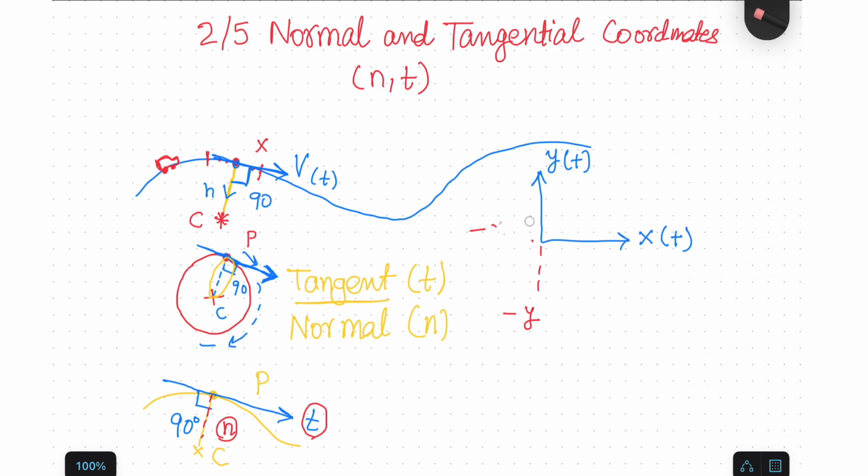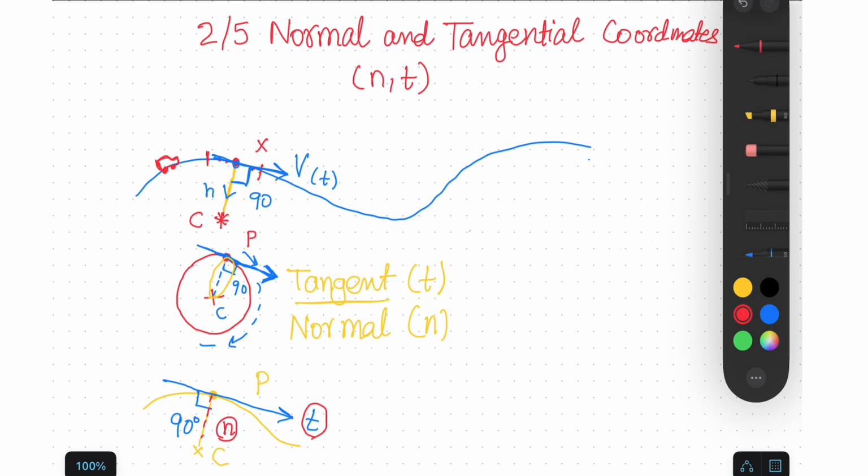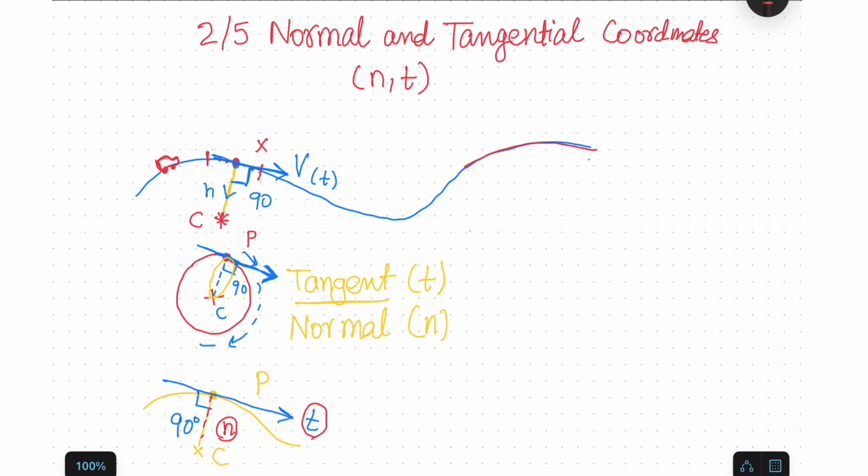I will explain this also. Here we go. This is our path, and suppose this is a curvature, and the center of this segment of curvature is here.